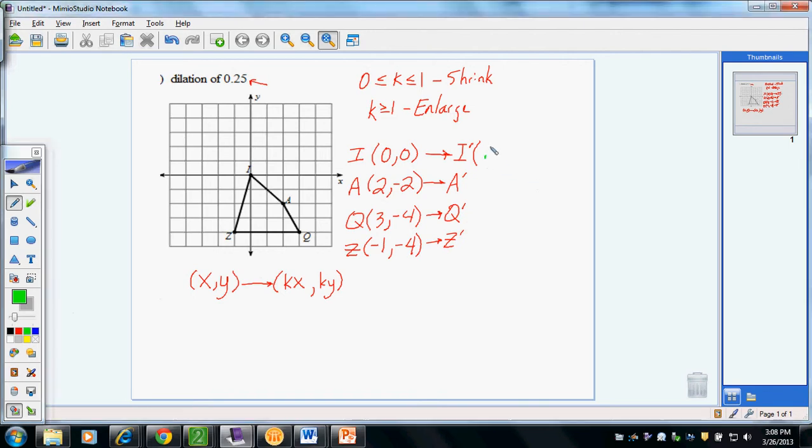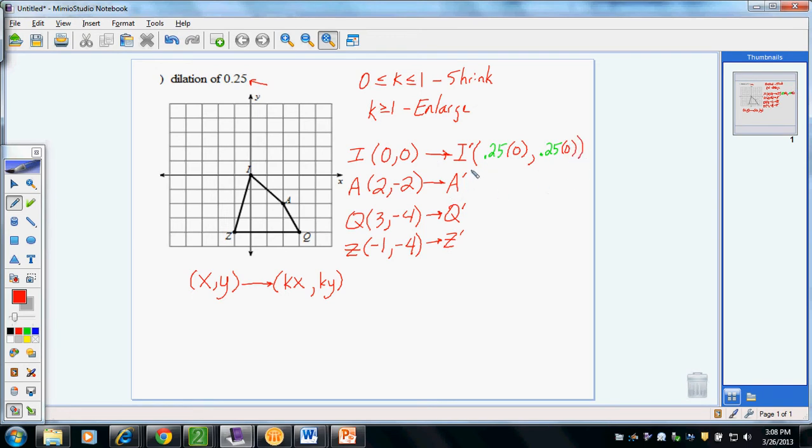So our scalar is 0.25, and our original x is going to be 0. Again, our scalar is 0.25, and now our original y is also 0.